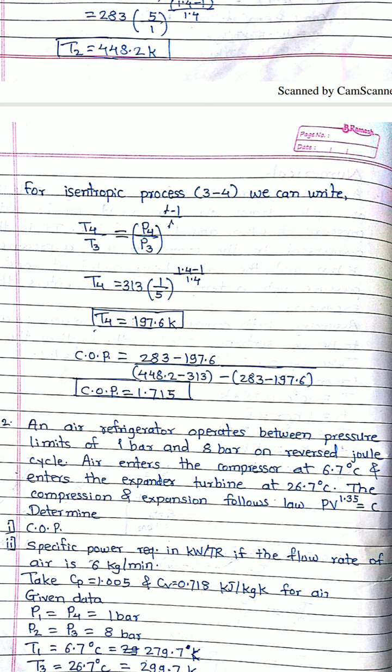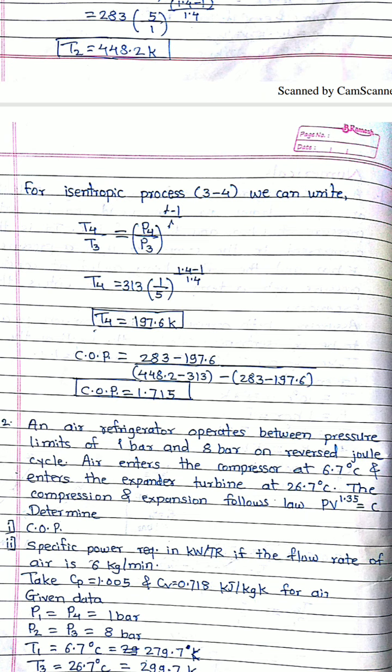Now please read this numerical clearly. What they have given: the refrigerator operates between the pressure limits, so the lower pressure and upper pressure are given, on a reversed Joule cycle. So it's again the Bell-Coleman cycle.